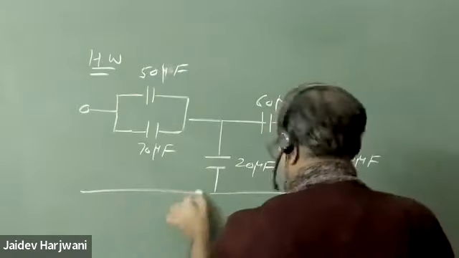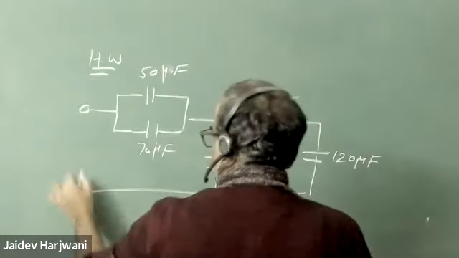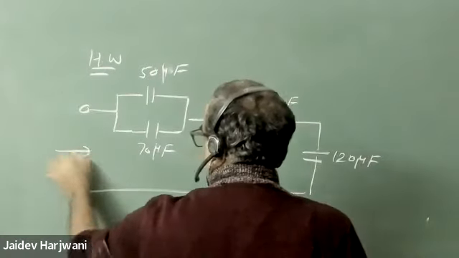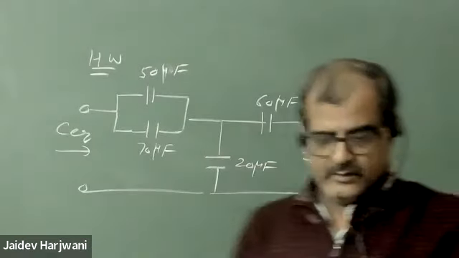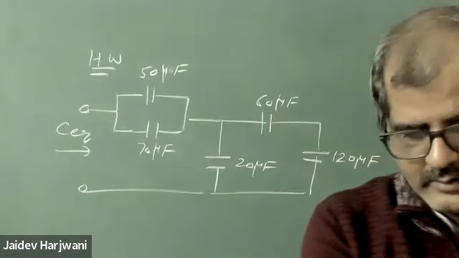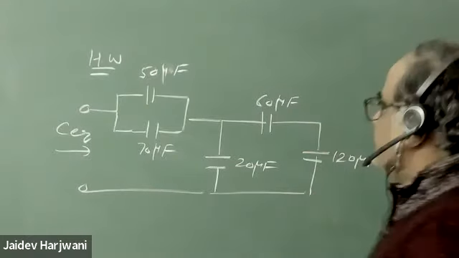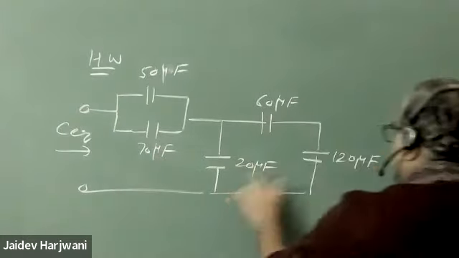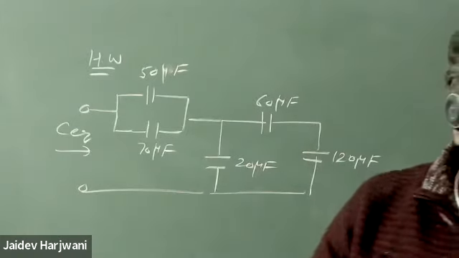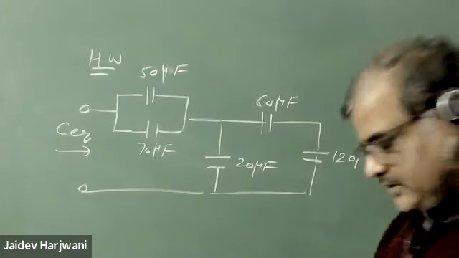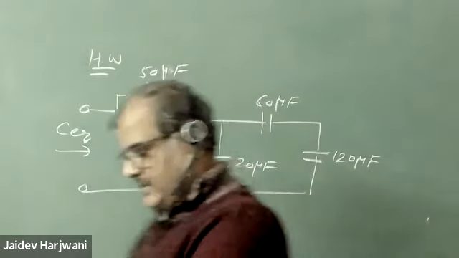So you need to calculate C equivalent, okay, across these two terminals. So this is your homework. So 50, 70, 60, 20, and 120 microfarad. So you can calculate the equivalent capacitance.